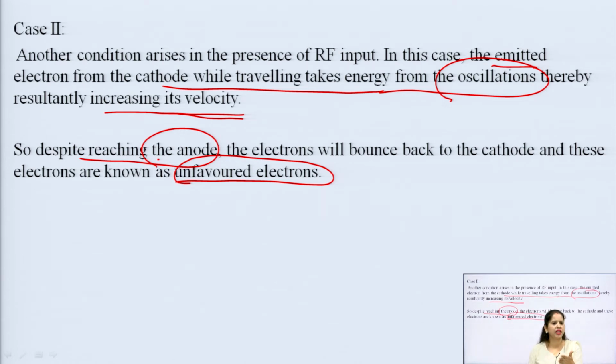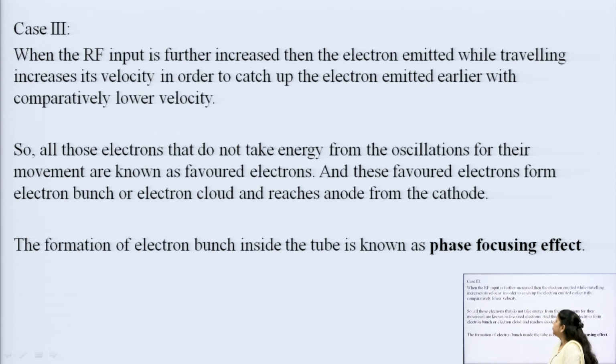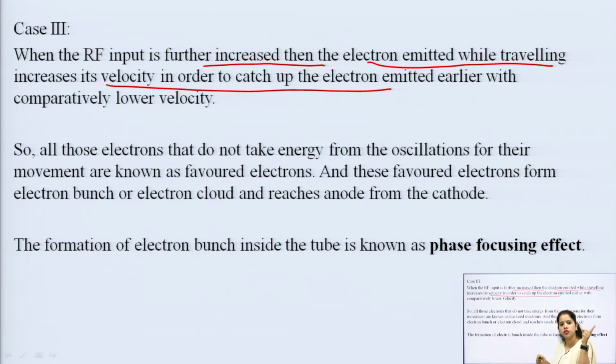It is emitted from the cathode and bounces back to the cathode, and that is back heating, and the electron in that case is called the unfavored electron, but try to remember this is the case when RF input is present. Now, the third case: when the RF input is further increased, the electron emitted while travelling increases its velocity in order to catch up with the electron which is already emitted, that is, the electron which is emitted next.